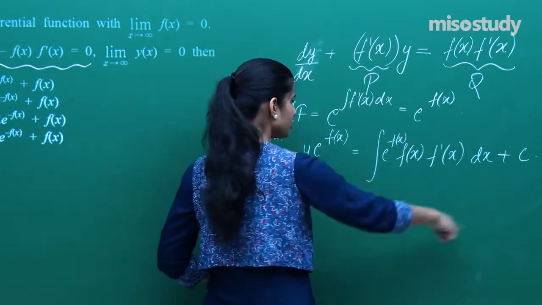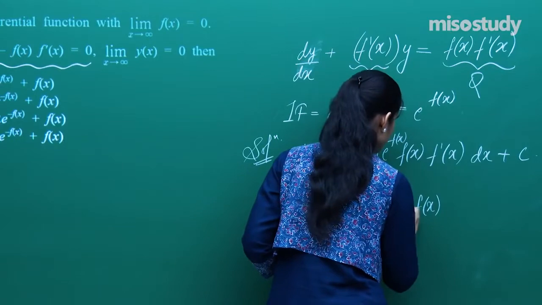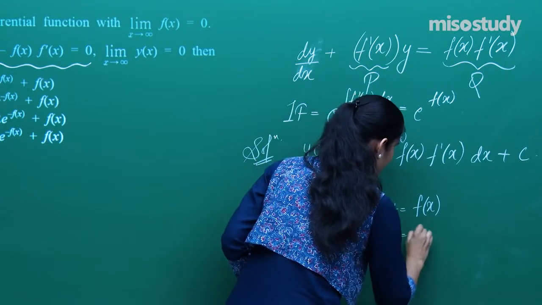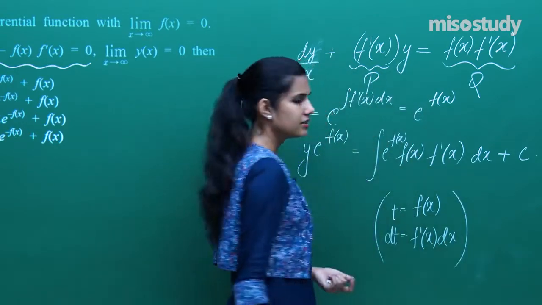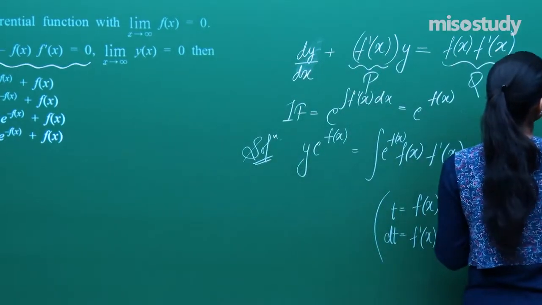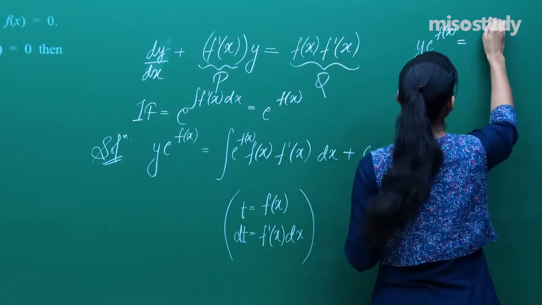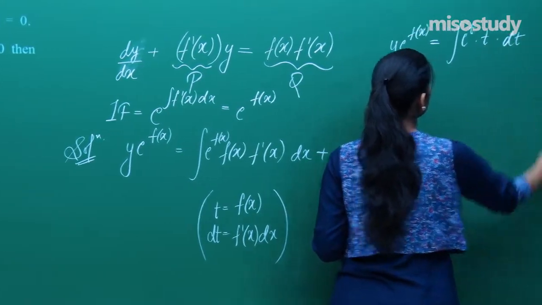Now in order to resolve this integration you take t equals fx. When you do this, you get dt equals f dash x dx. So eventually this is equal to integration of e to the power t into t dt.